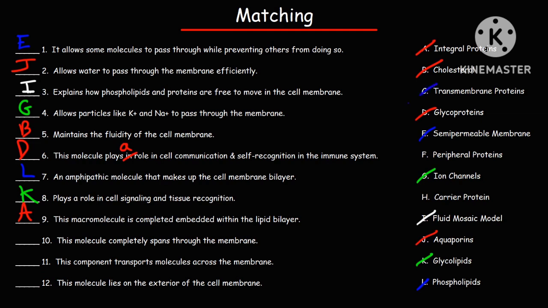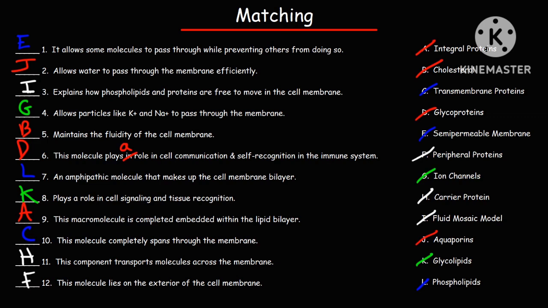So this is going to be the transmembrane protein. So that's C. Number 11, this component transports molecules across the membrane. So that's going to be the carrier protein. That's H. And 12, this molecule lies on the exterior of the cell membrane, which is F, the peripheral proteins.